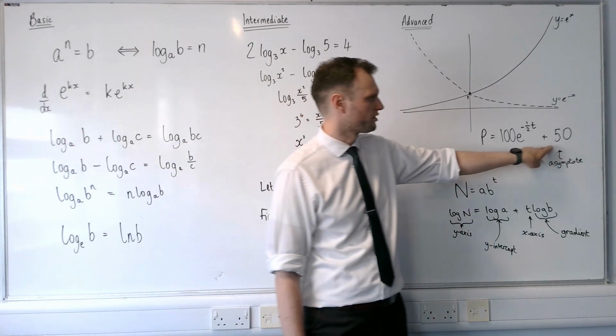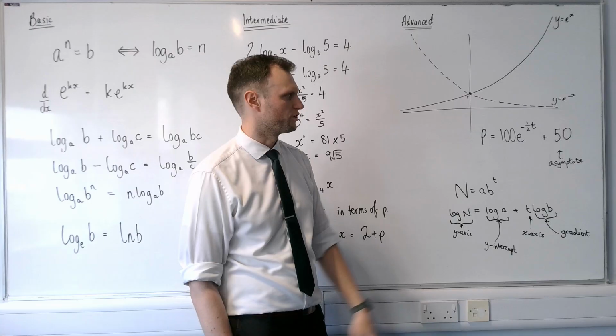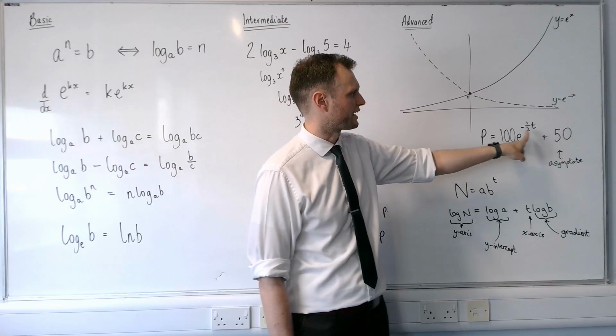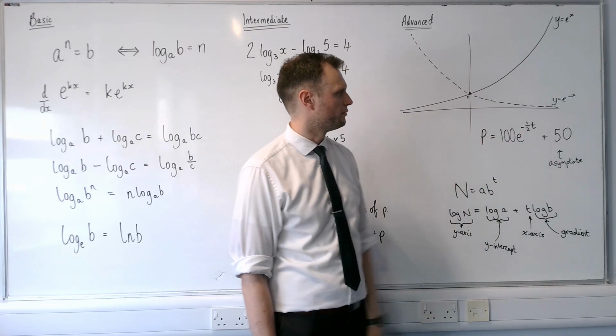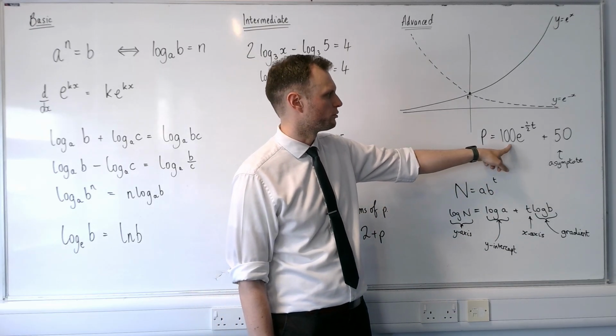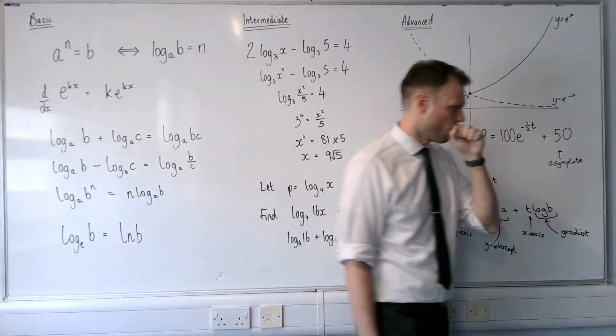If you've got a number on its own, that's the asymptote. Because this is exponential decay that's got a negative coefficient, and it's going to get smaller and smaller and smaller, but 50 is going to stay as 50, so that's going to be your asymptote.